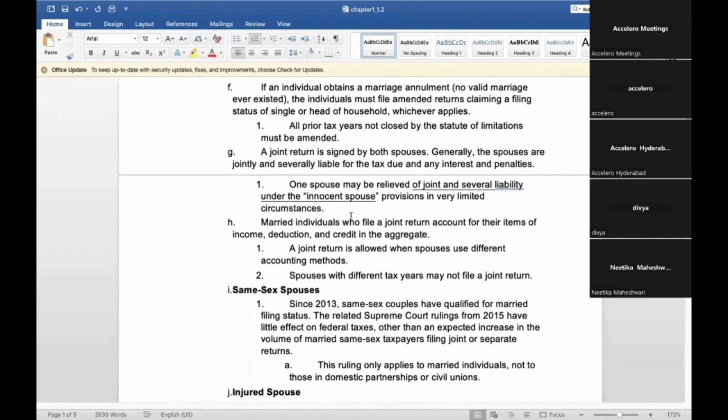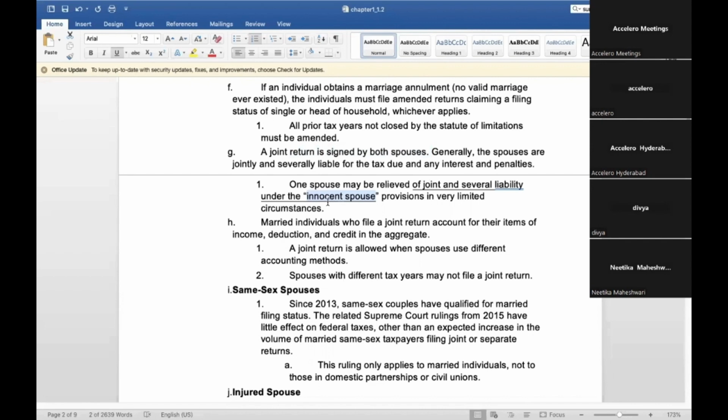Then there's something called innocent spouse relief. A joint return is signed by both spouses, but let's say one spouse doesn't know that the other spouse may have fraudulently done something on that return. If both of them sign, they become jointly liable.